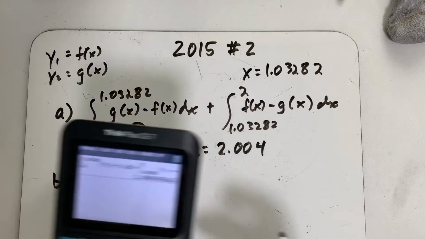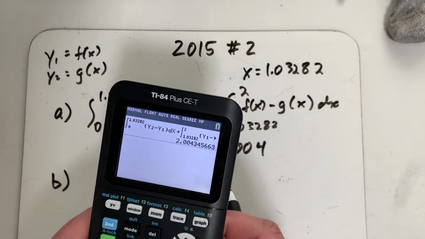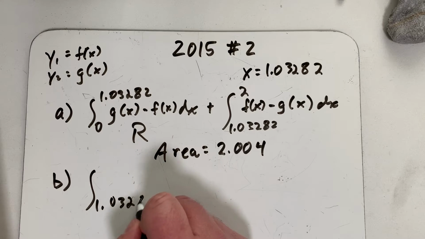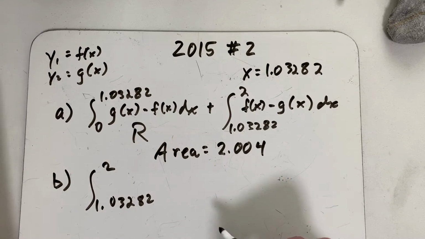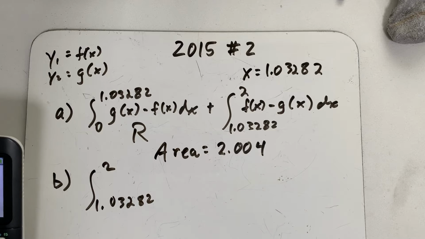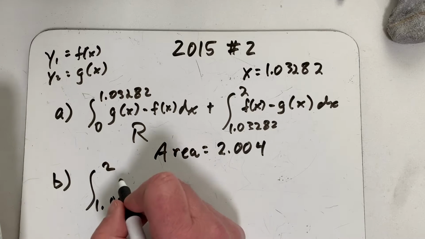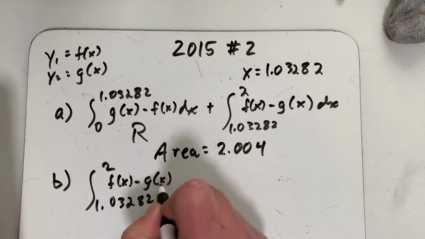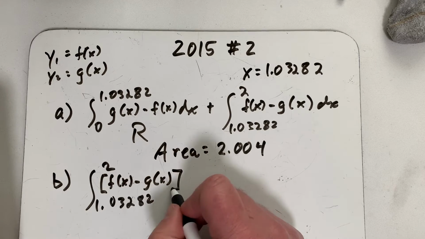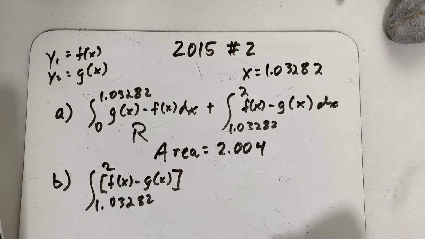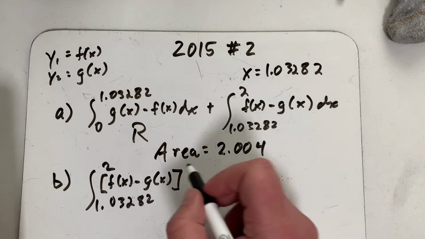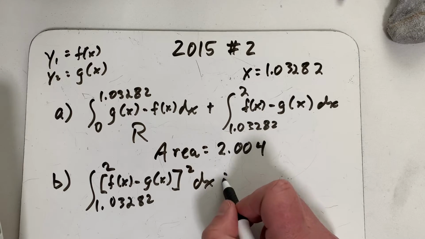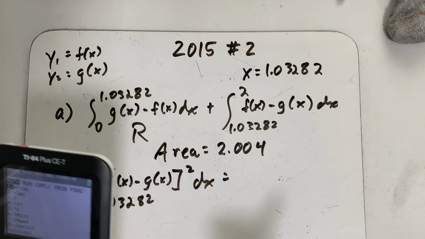So we're going to say, going from 1.03282 up to 2, and it is going to be f of x minus g of x. And since they are squares, that means it's just going to be this thing times itself, which is going to be squared, dx.